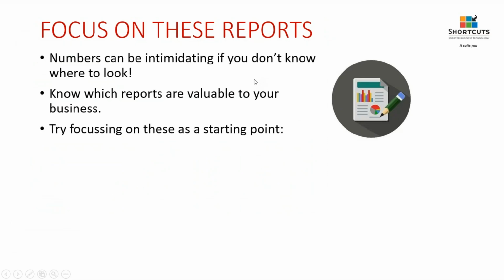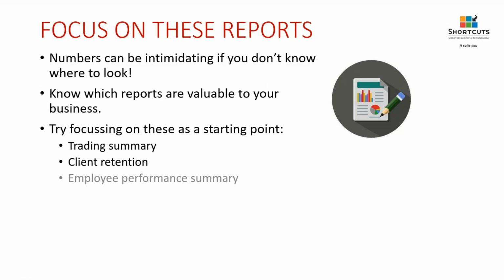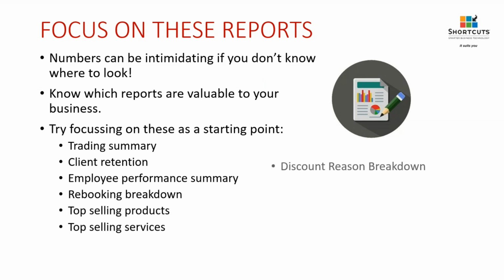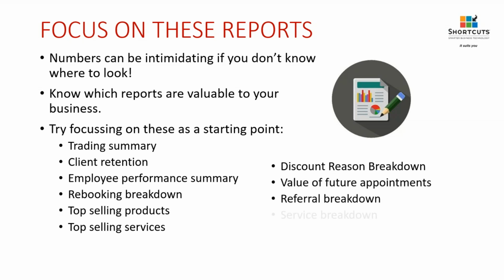Again, Shortcuts has well over 100 different reports that you can run, but we just highlighted the most important reports for your business. So we want you to focus on your trading summary, your client retention report, for your staff members, your employee performance summary, both the regular employee performance and the extended employee performance.